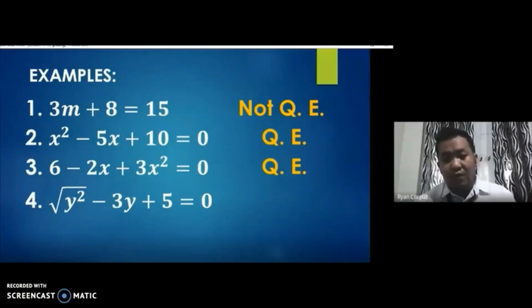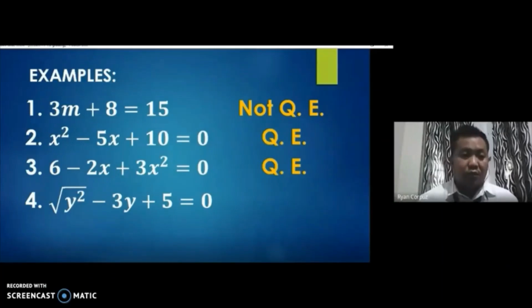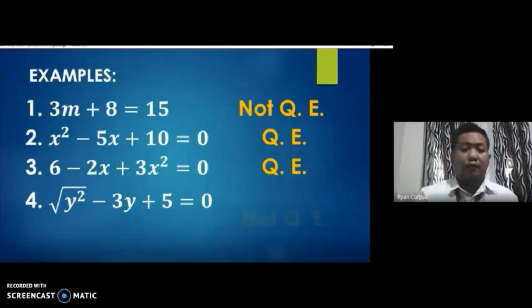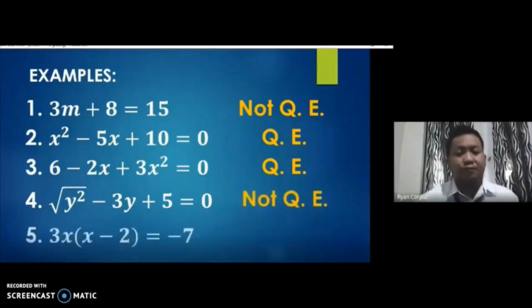If the square root sign and 2 are cancelled out, what will be left is just y. So in that case, we are not going to come up with an equation whose highest exponent is 2, because when we simplify the square root of y squared, that will be equal to y. So that's why number 4 is not a quadratic equation.